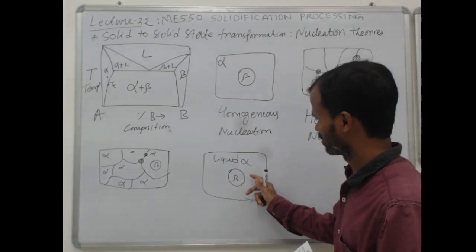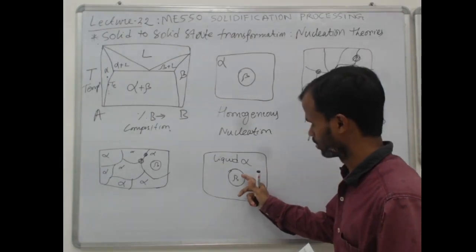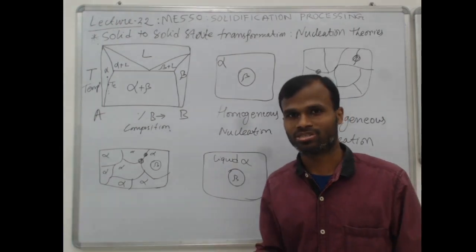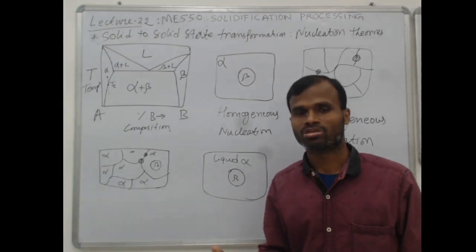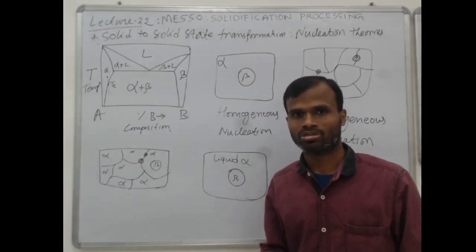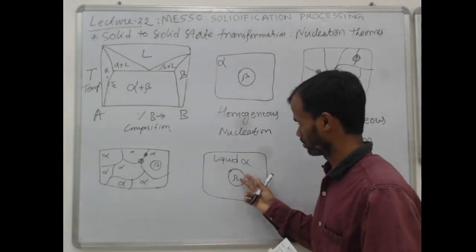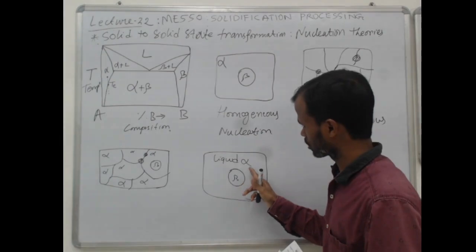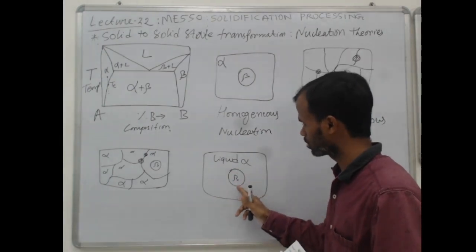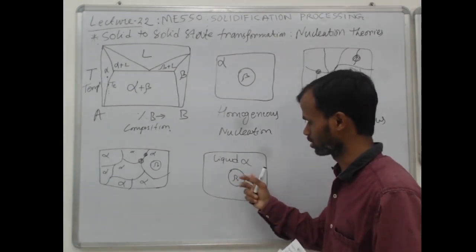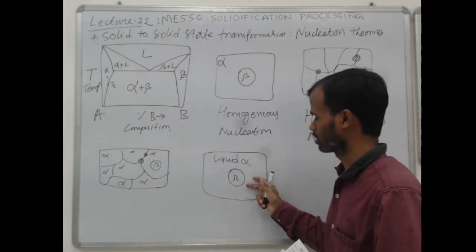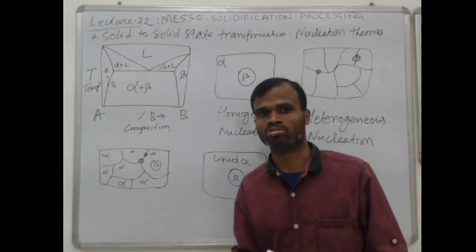But the volume of this beta phase and the liquid, or the densities, may not be similar. So there should be a strain field around the beta phase. But as the surrounding material is liquid, it is free to move.